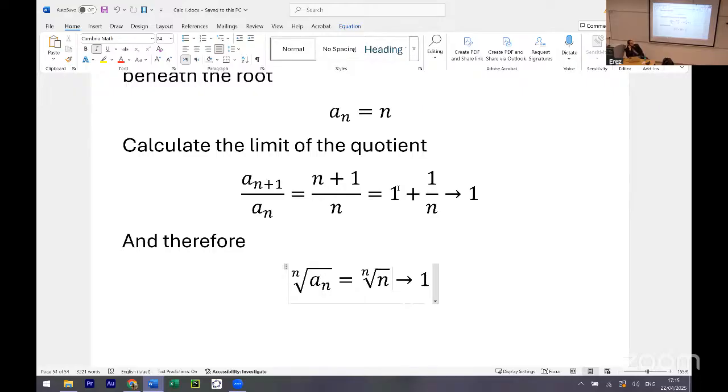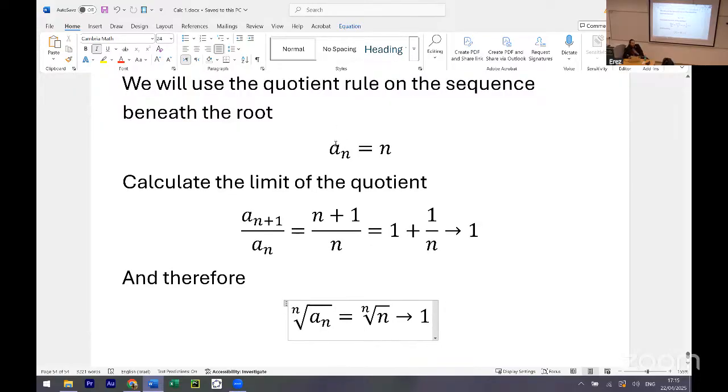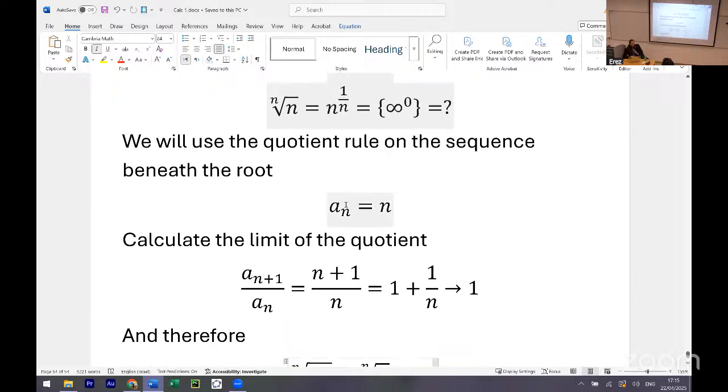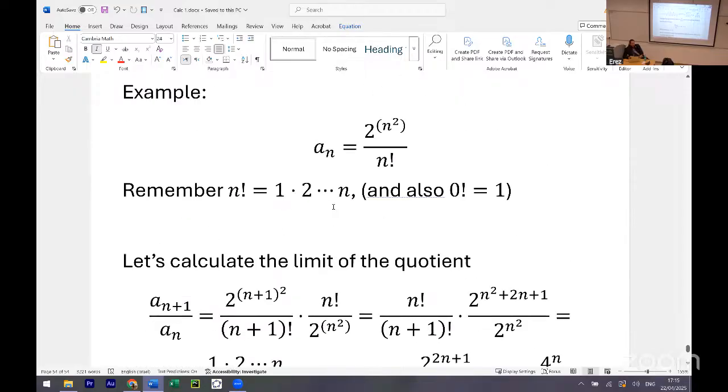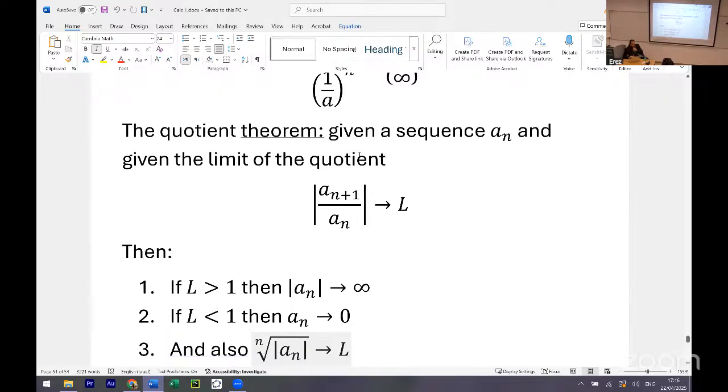Yes. When you say an equals n, what does that mean? I look at this sequence. I'm not claiming that the original sequence equals n. I didn't name this sequence at all. But I'm telling you, I wish to use the quotient rule on this sequence, and we are allowed to use any theorem on any sequence that holds the necessary conditions to the theorem. Here there are none.